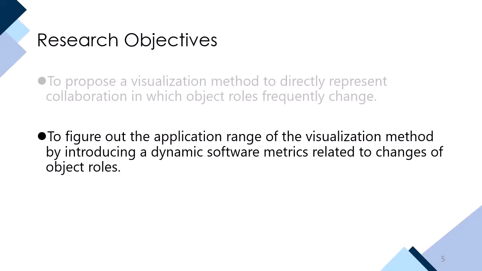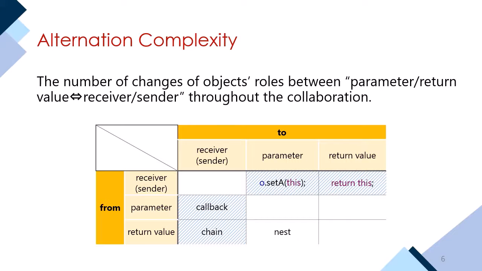In the next slide, we would like to explain our software matrix. As a dynamic complexity software matrix, we propose alternation complexity. It is the number of changes of object roles in the right blue part, that is, between parameter or return value and receiver or sender throughout the collaboration.